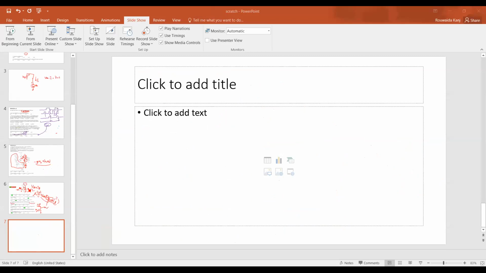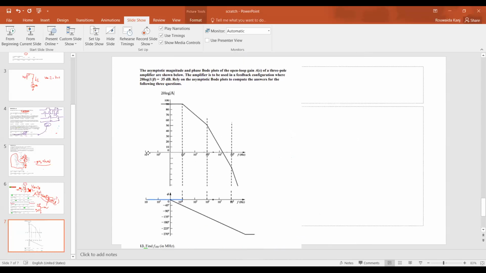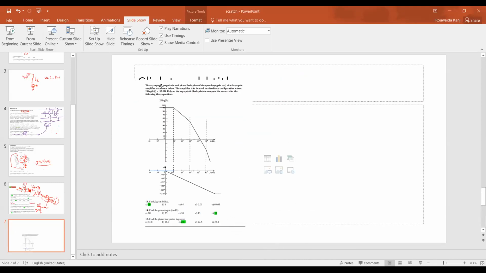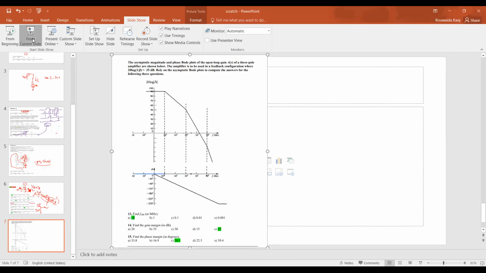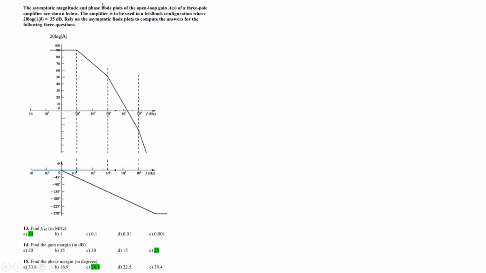Which question numbers? This is the Bode plot. I think he meant phase margin and gain margin. So the asymptotic magnitude and phase Bode plots of the open loop gain A of S are shown below.